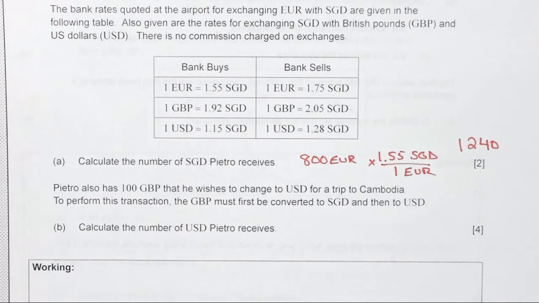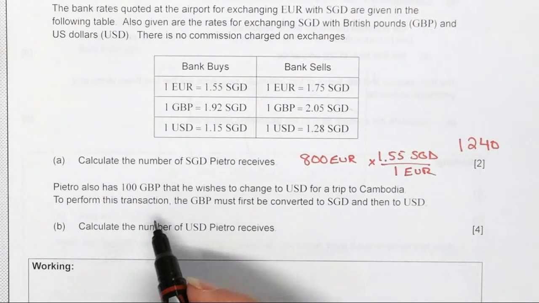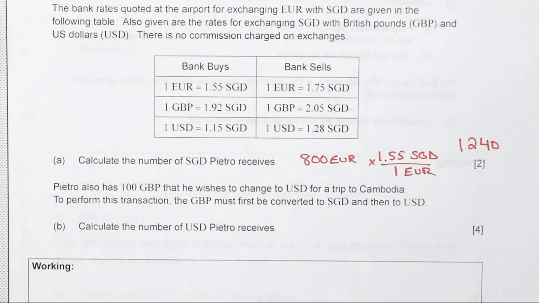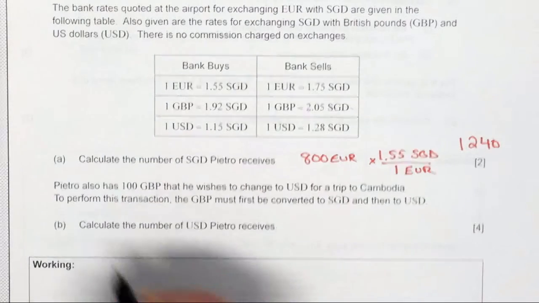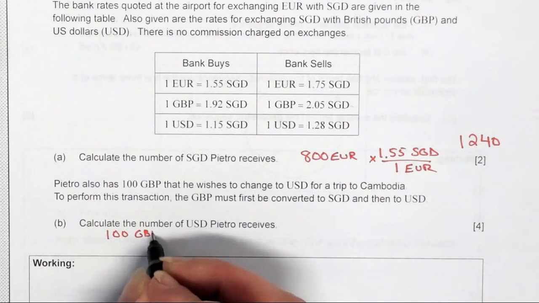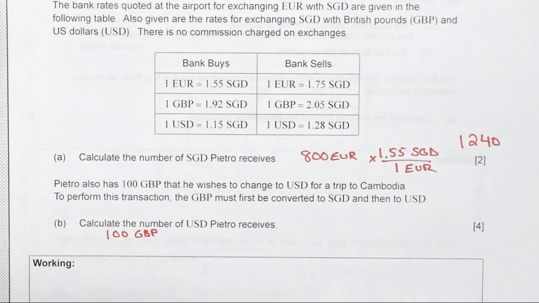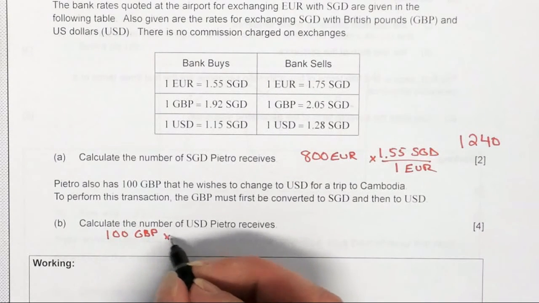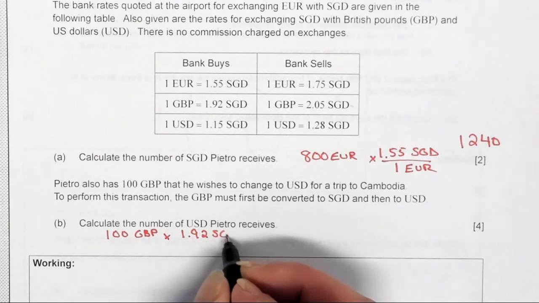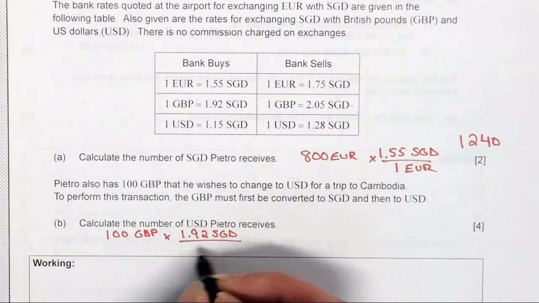Alright. So he's got to take those British pounds and get some Singapore dollars. Where's he at? Singapore. So first he's got to take those 100 British pounds. And if he's in Singapore, are they selling him those or buying? Buying. So times 1.92. So now he's got some Singapore dollars, right?